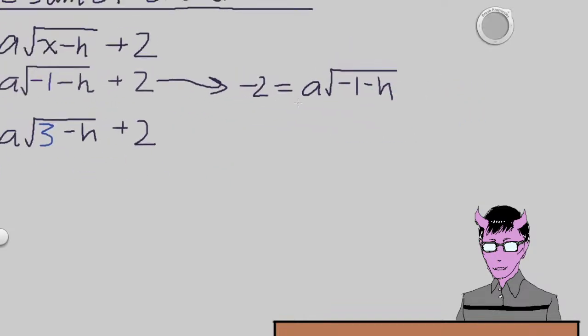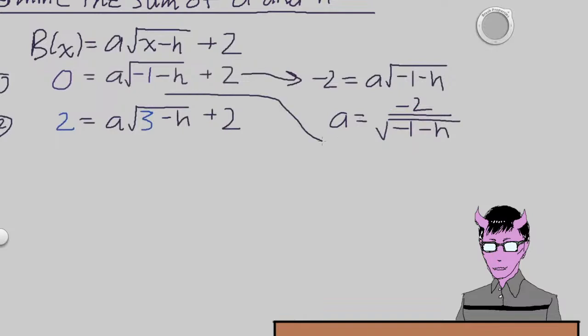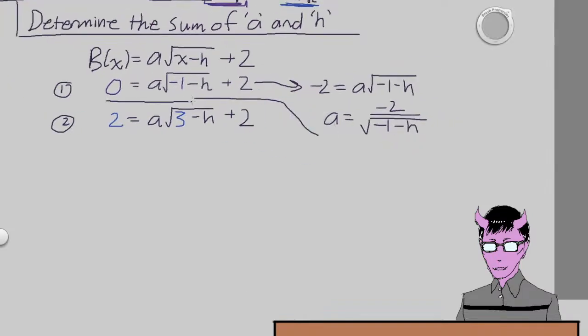And then I'm going to solve for a by dividing this square root from both sides. So a is equal to -2 over square root of -1 minus h. So that is using equation number 1 to generate this modified equation right here. We're going to take that one and slam dunk it right there.